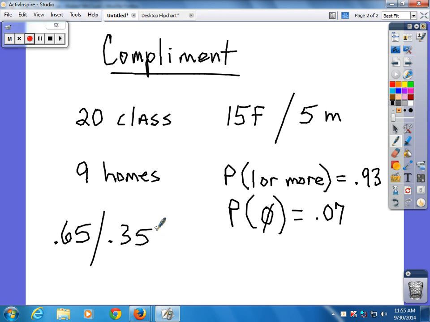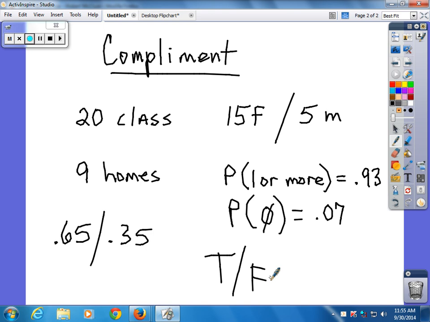The complement of true is what? False. The complement of black is white. The complement of male is female. Now that is a set of 1. But in a class of 20, if you have 15 female, the complement of 15 female is 5 male. So you have to think of the opposite.